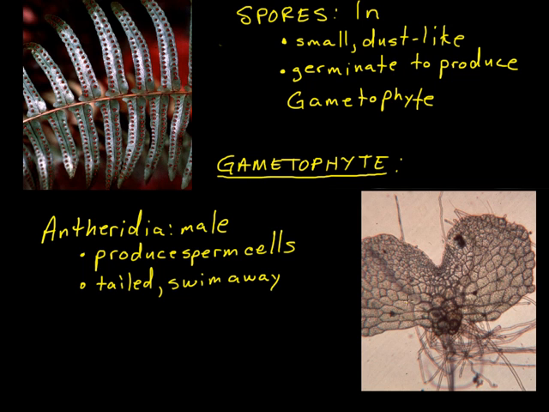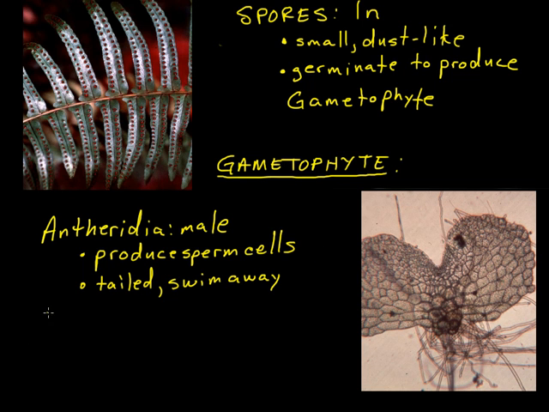And like I said a second ago, the environment that these germinate in is usually very, very moist. And one of the reasons for that is these sperm cells have no other way of getting around to find another gametophyte, hopefully, to fertilize, other than to swim.